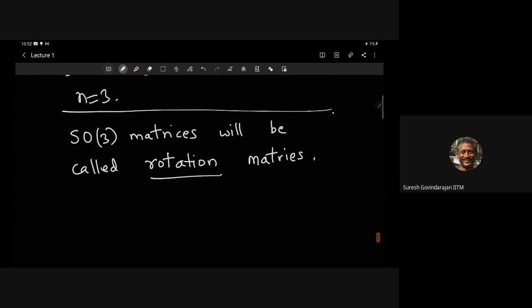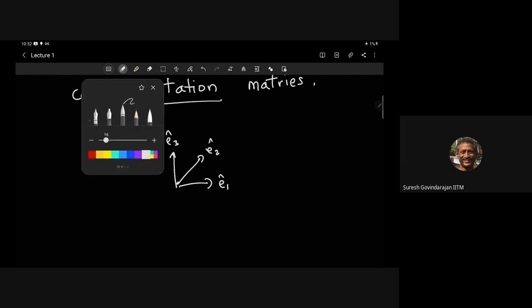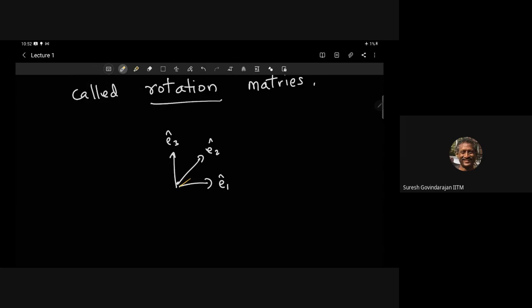Okay, and the reasoning is like this. So let me draw some picture here. What this says is that you think of these E1, E2, E3 as made up of some rigid wires of length 1, which are put together, and the primed coordinate system also to be something like that.